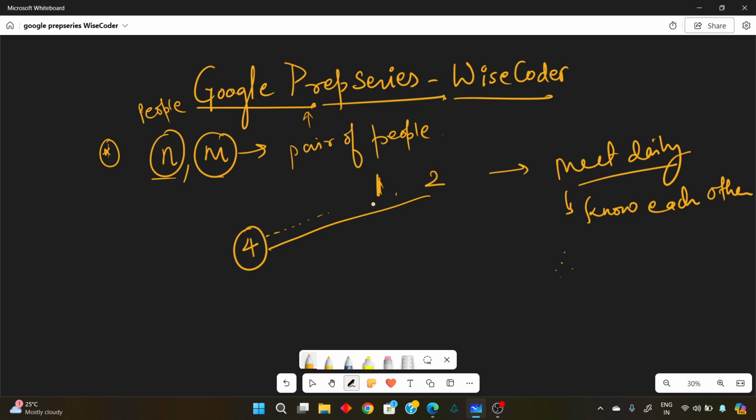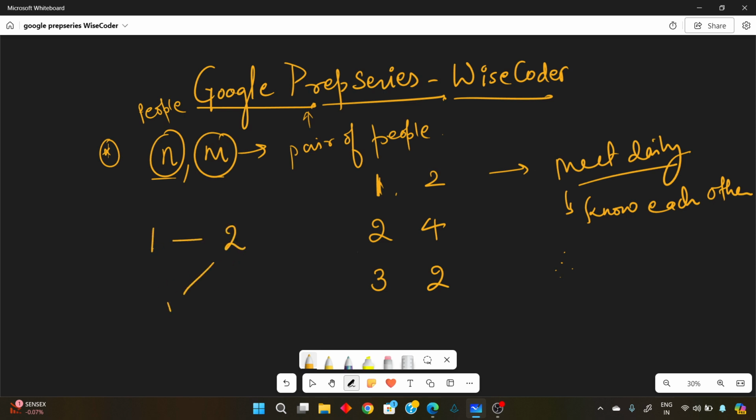Although 1 and 4 are not directly connected, let me take more examples. Suppose we have 2 4 and 3 2. So here 1 knows 2, 2 knows 4, and 2 also knows 3. So 4 indirectly knows 1 and 3.